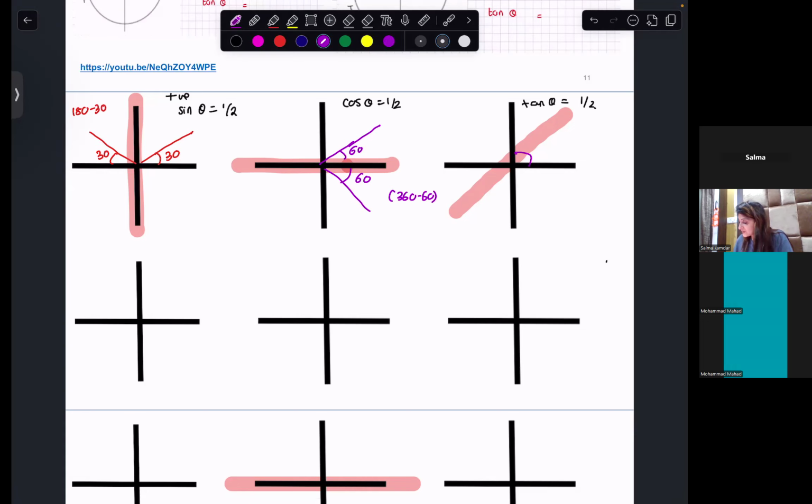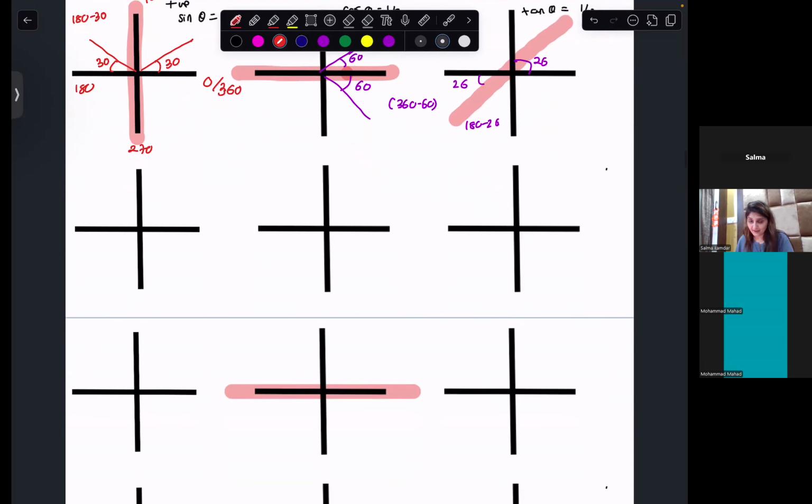And this was 26, and 26. So this would be 180 minus 26, the equivalent angle. And we had also labeled this as 0, 90, 180, 270, 360.